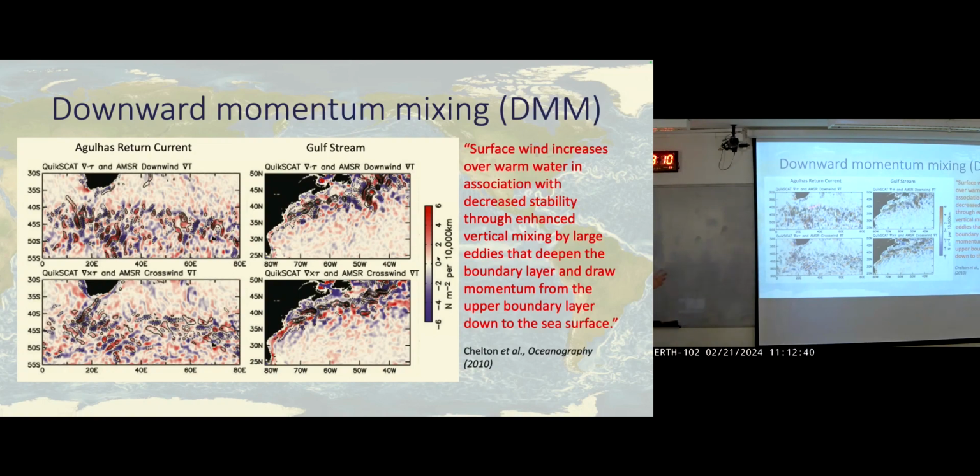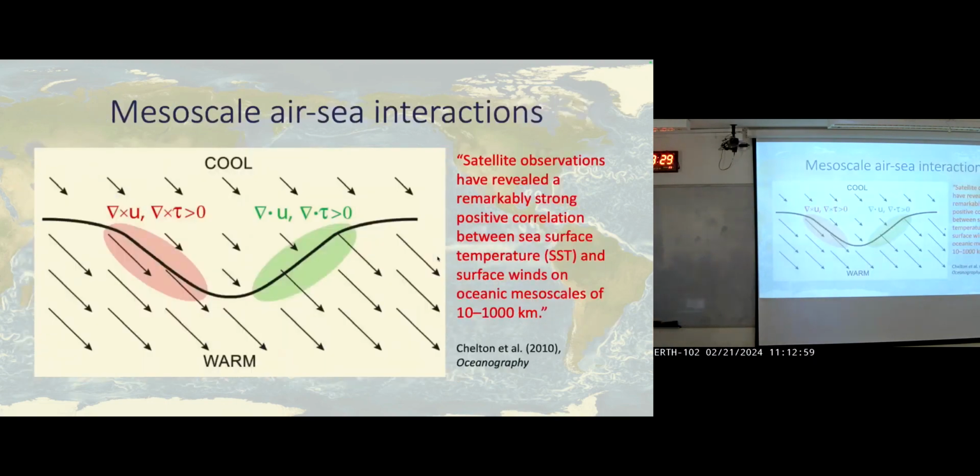And this is what is shown in this specific study for the Agulhas and for the Gulf Stream, and also positive correlations between wind stress curl and crosswind SST gradient. It is more intuitive if you look here. You will see weak winds and strong winds; if it blows from the cold to the warm, we will get divergence.